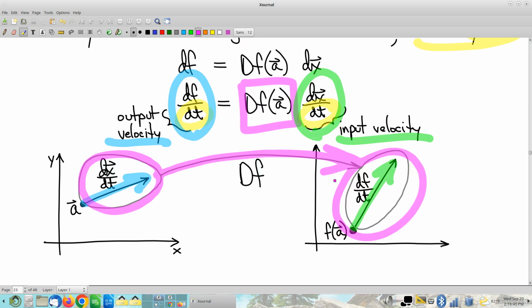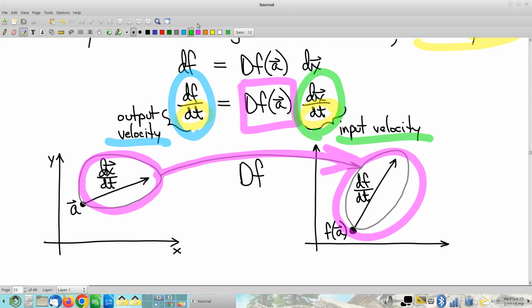So I think it's a nice fact. You can think of the derivative matrix as acting on either displacements or velocities. Suit yourself. To be totally honest, I actually like this one better myself, because it has the limit built into it. So this is not even an approximation. This is exact. A velocity, shoot, did I get this backward? Oh, gosh, look at me. I'm sorry. I got my colors backwards.